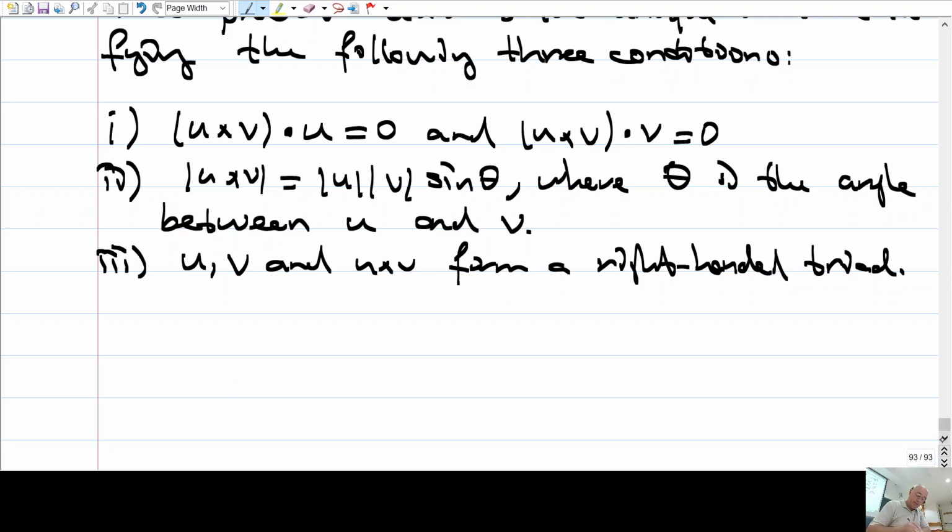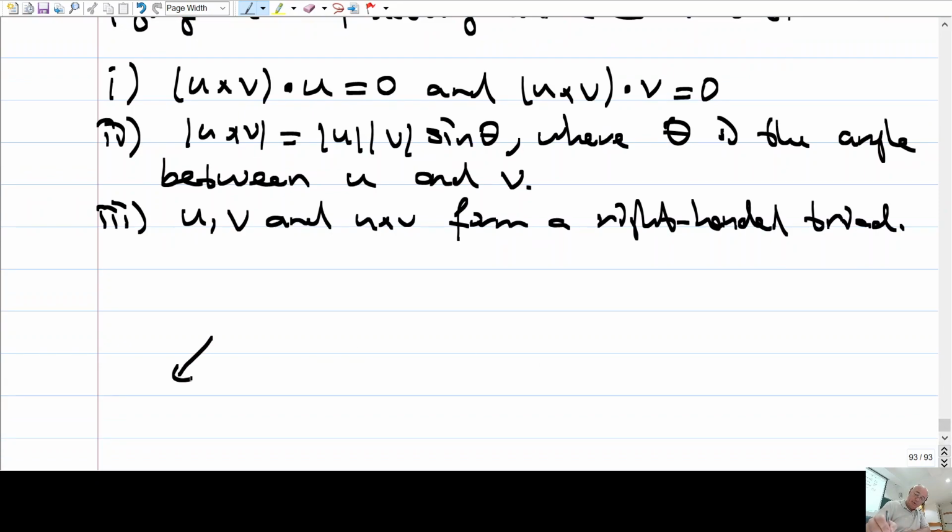So let's say u is like this and v is like this, then u cross v is perpendicular to both of them, something like this. Here the angle between u and v doesn't have to be 90 degrees; it can be like this.